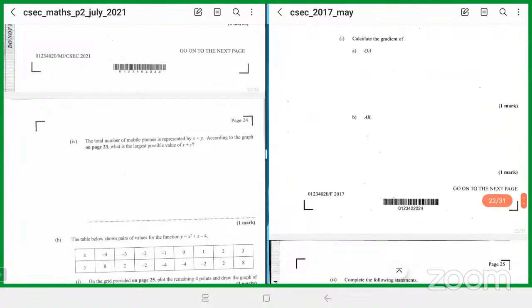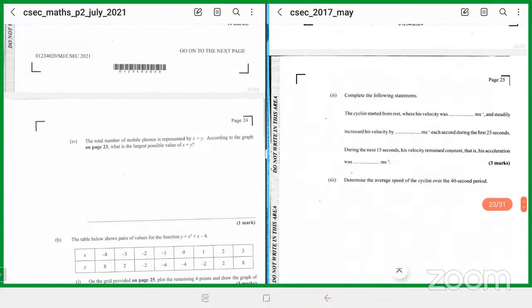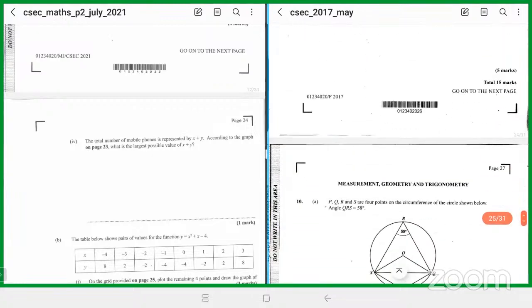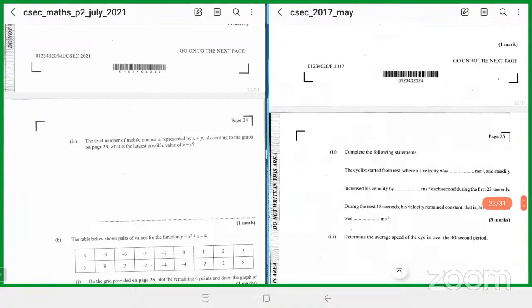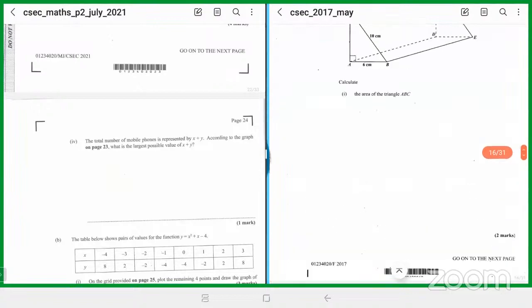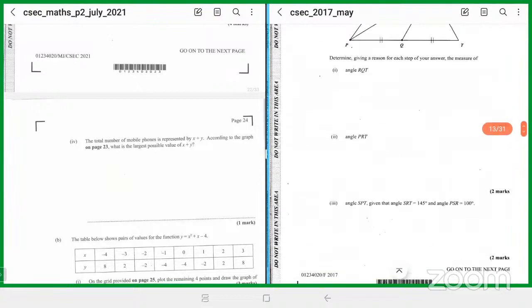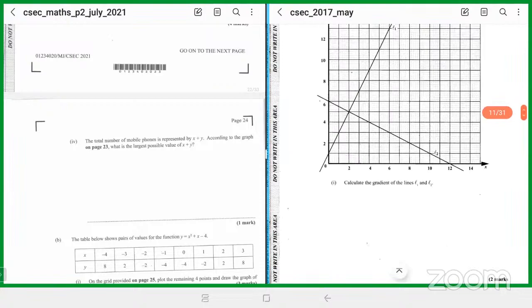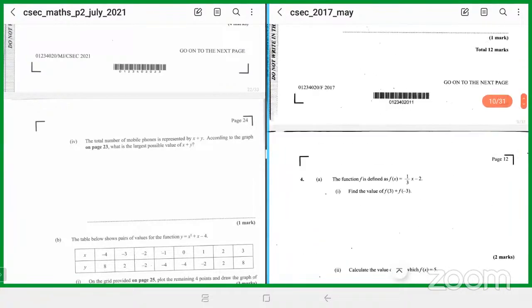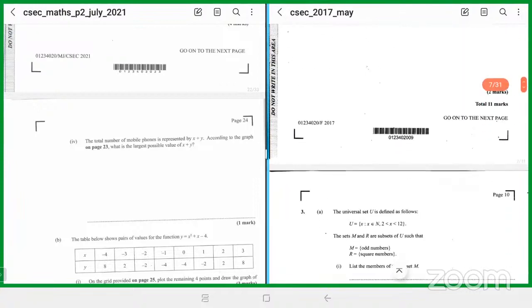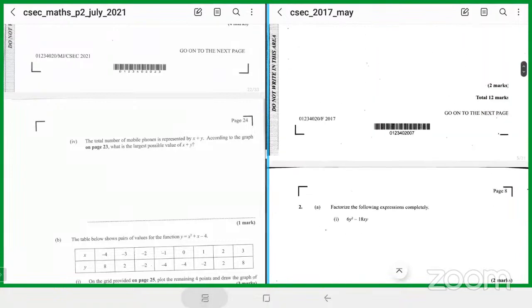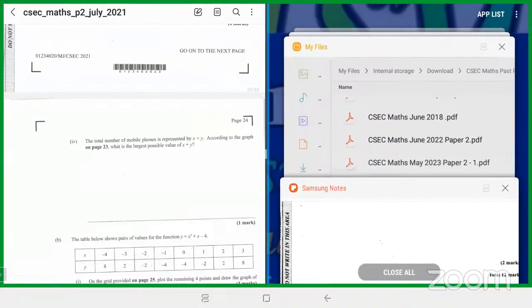Unless they're asking it in section 1, I'll check January, because the syllabus would have changed. I want one of the recent ones.